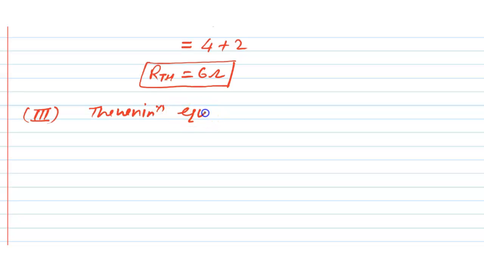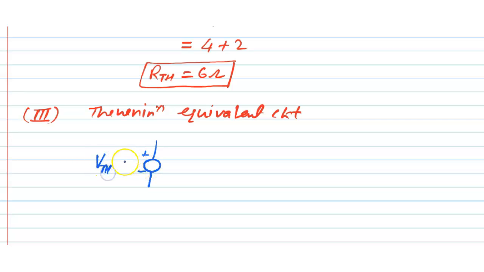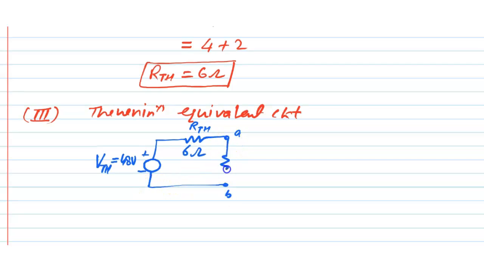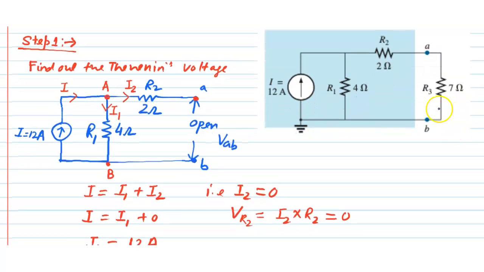Here there is VTH, that is 48 volt, and here there is RTH, that is 6 ohm, and here there is the load AB, this is the load resistance, which is 7 ohm.